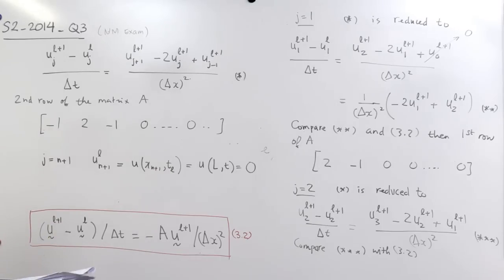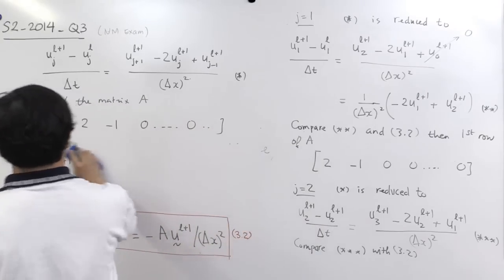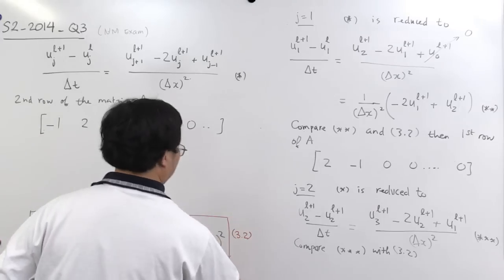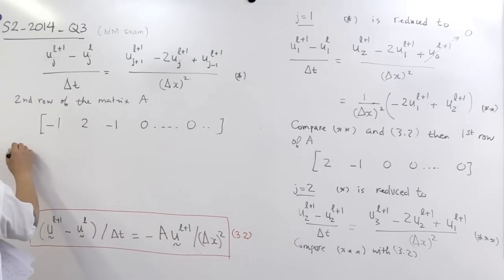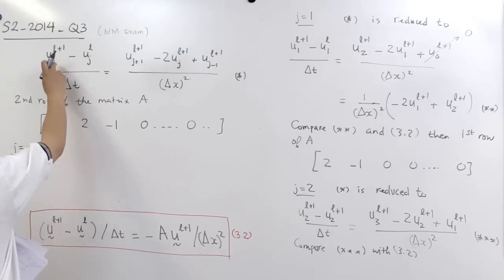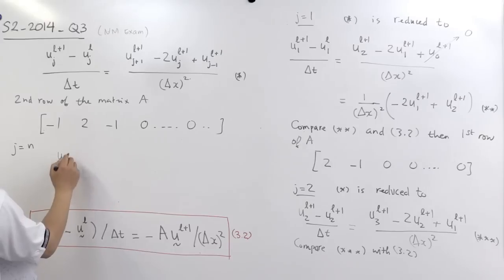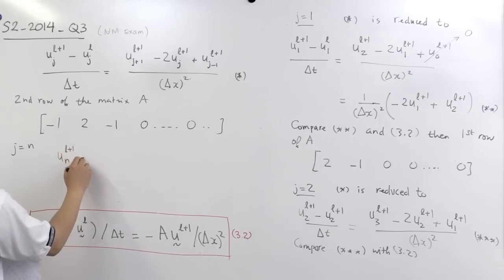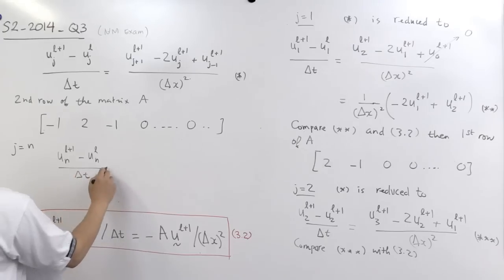So how about the last row of the matrix A? Well, for the last row we just take j equal n. Then you have this equation again: u n, L plus 1, minus u n L, over delta t.